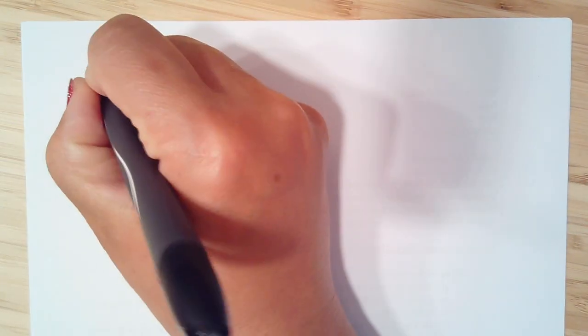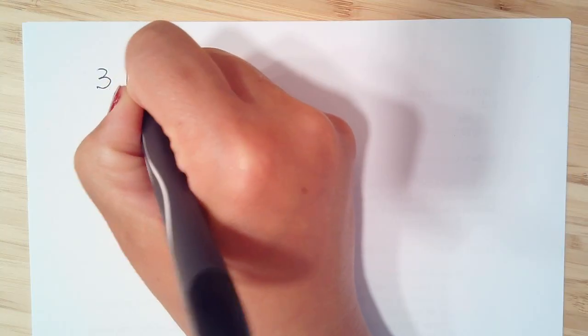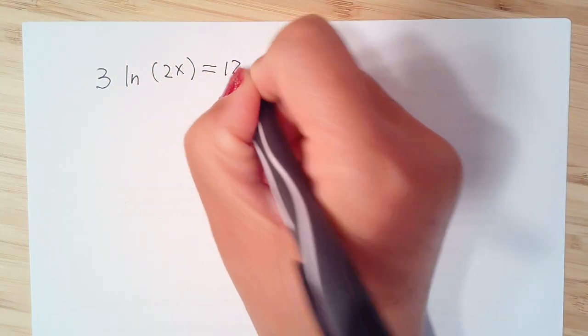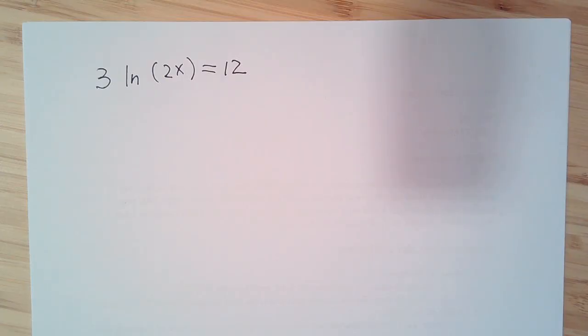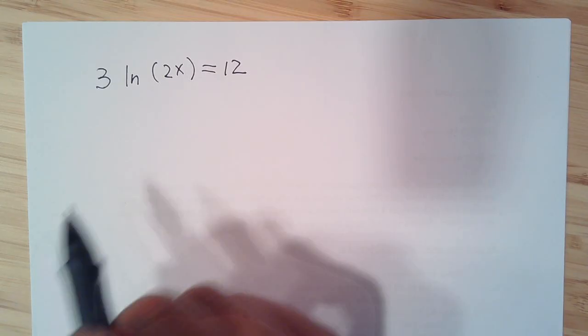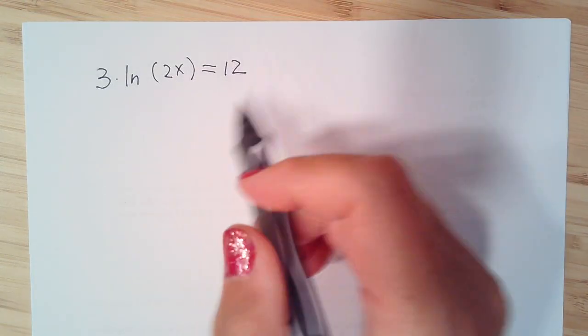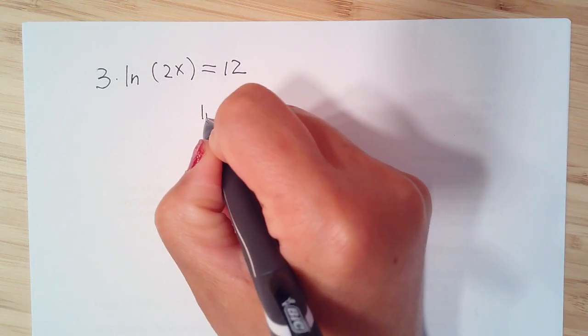Okay, then try one more. 3 ln 2x equals 12. How do you solve for this equation? Did you notice here is just multiplication? 3 times something is 12. We divide by 3.